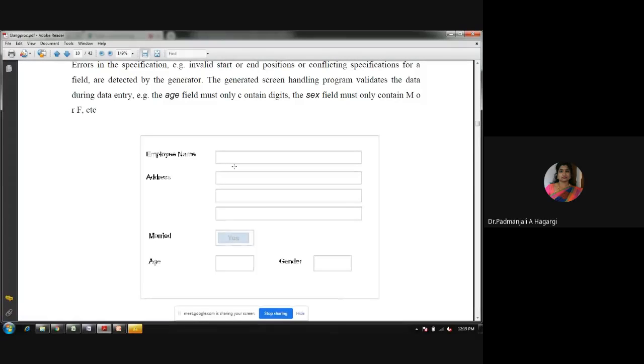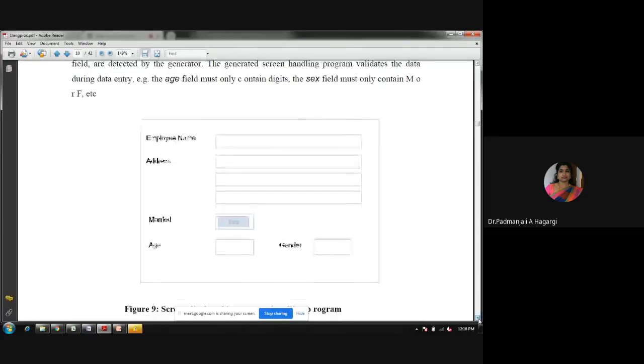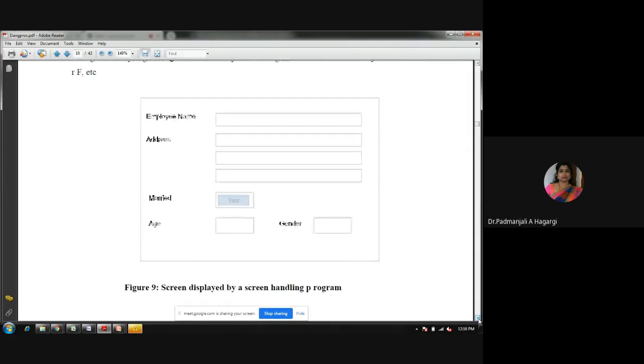So this is my application domain. For this application domain, once I submit the form, that is nothing but the execution part, the program generation activity and program execution handling.